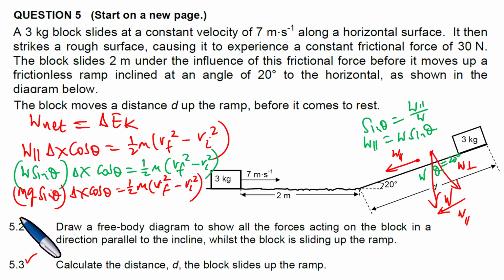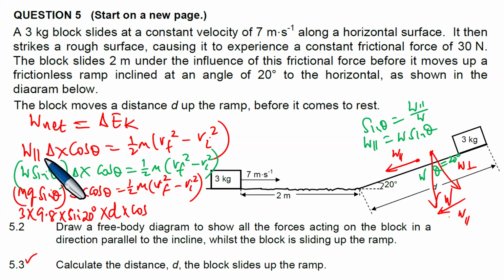What is the mass of this? So the mass is 3 kilograms. 3 kilograms times 9.8 times the sine of 20 degrees. So 3 is the mass, 9.8 sine 20 times delta x. Delta x is d. The distance it is going to travel is d times cosine. So this cosine is the cosine of the angle between the W parallel and delta x.